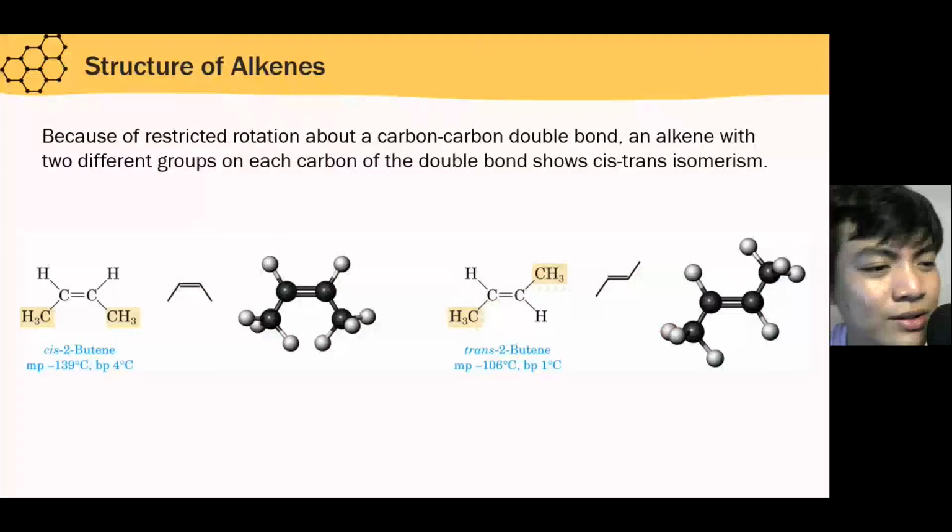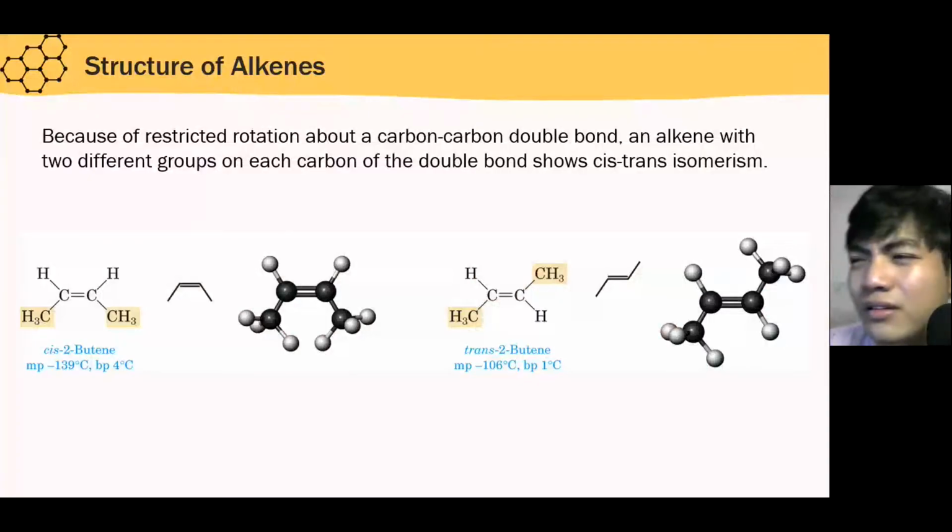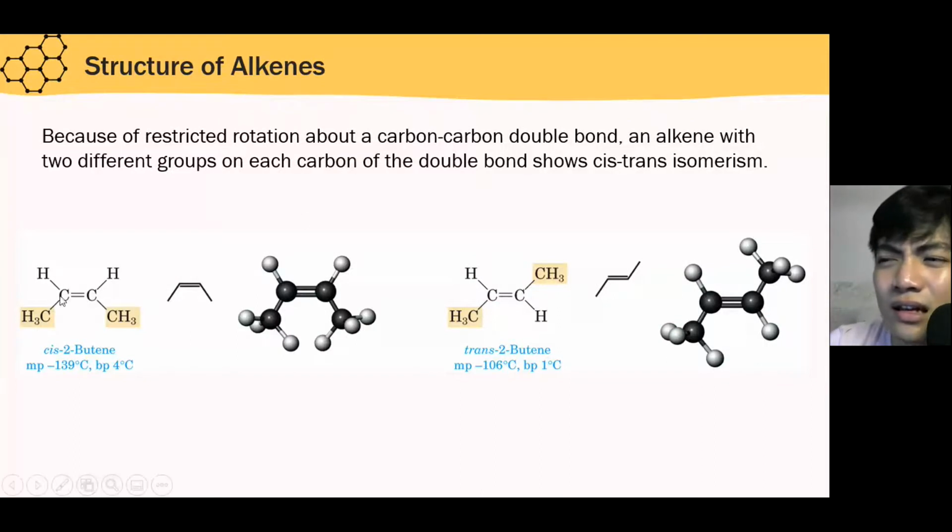The cis-trans isomerism. So in this PowerPoint here, what we have is the cis-butene and the trans-butene. Trans-2-butene, cis-2-butene. Okay? So why is this cis-2-butene? Because the two methyl groups are on the same side with respect to the double bond.